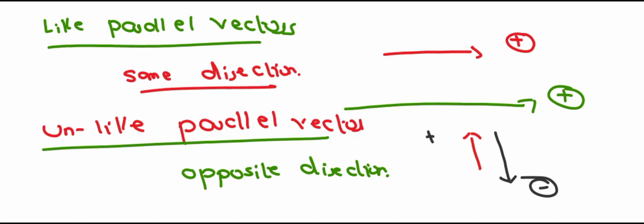Similarly, all negative vectors are unlike parallel vectors, but are all unlike parallel vectors negative vectors? The answer is no. Negative vectors have the same magnitude as well as opposite direction, but unlike parallel vectors have the opposite direction, not necessarily the same magnitude. That's why.